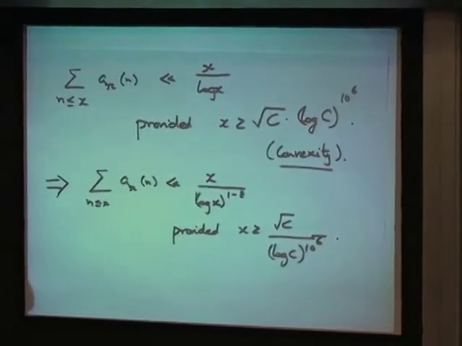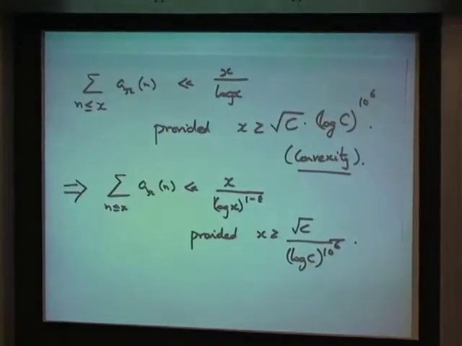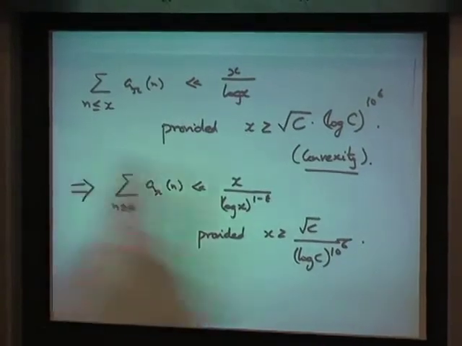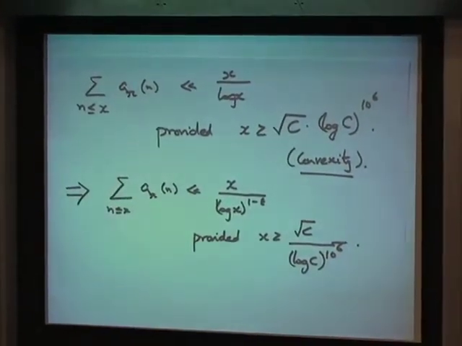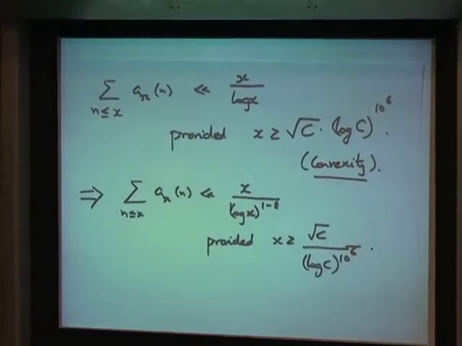Okay. So this is a purely formal statement about mean values of multiplicative functions, that once I know that they are small from some point onwards, I can extrapolate and get them to be small a little bit before what I need.